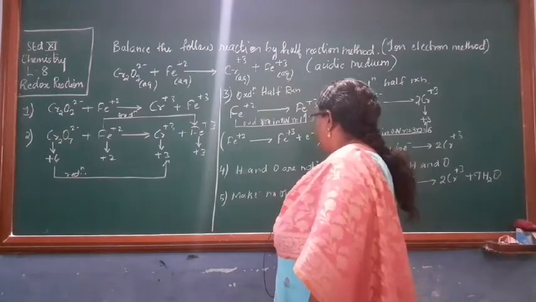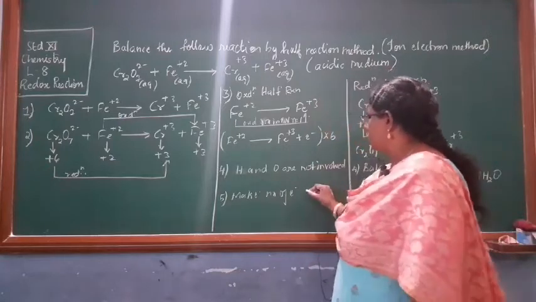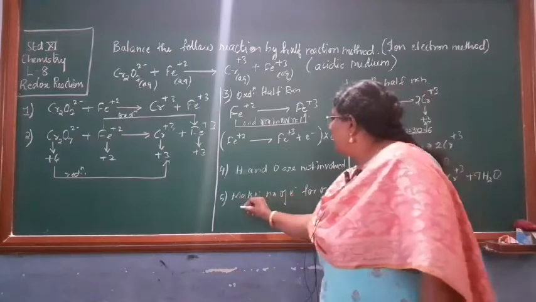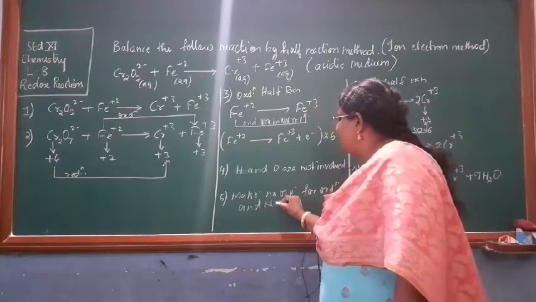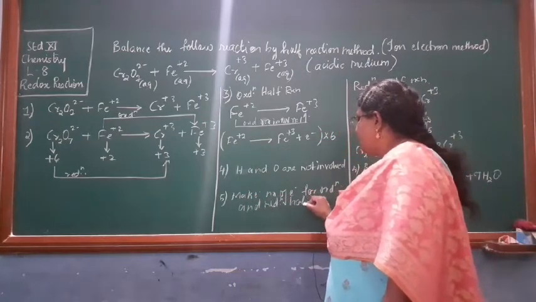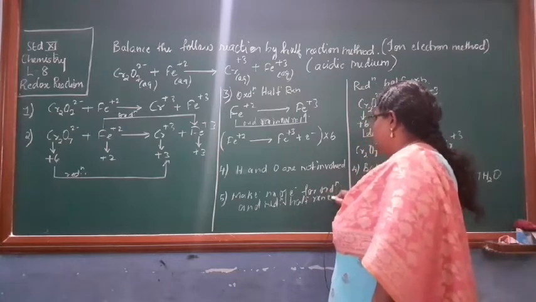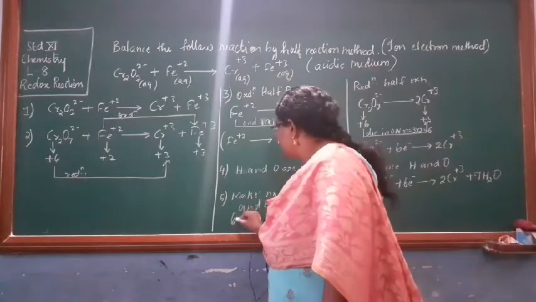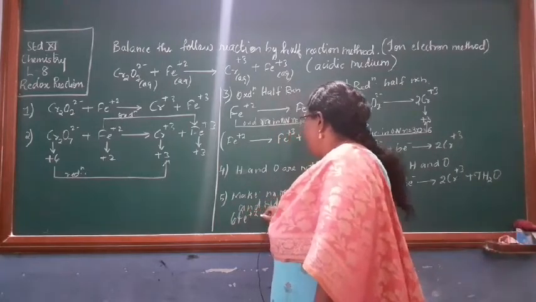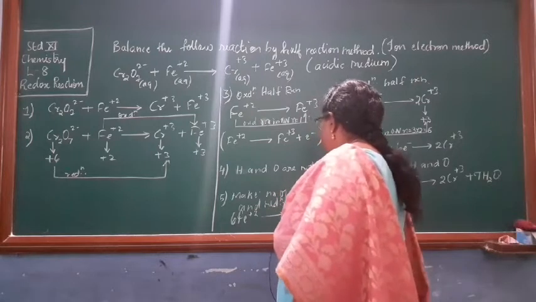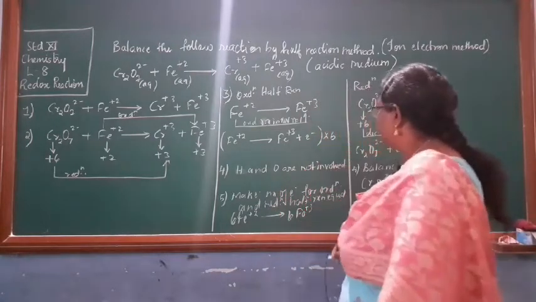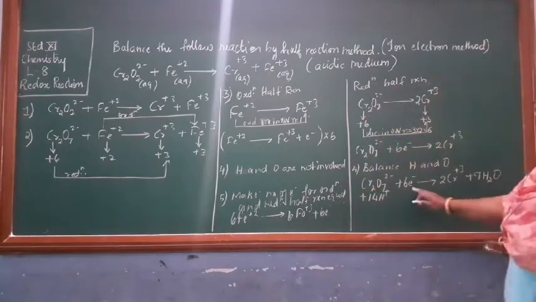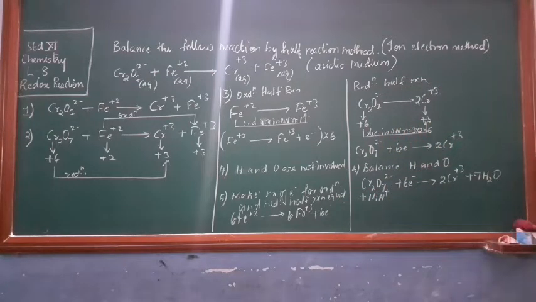Make the number of electrons for oxidation and reduction half reactions equal. Okay, so I multiply with 6. So I get 6 Fe plus 2 giving 6 Fe plus 3 plus 6 electrons. So now I have electrons equal.